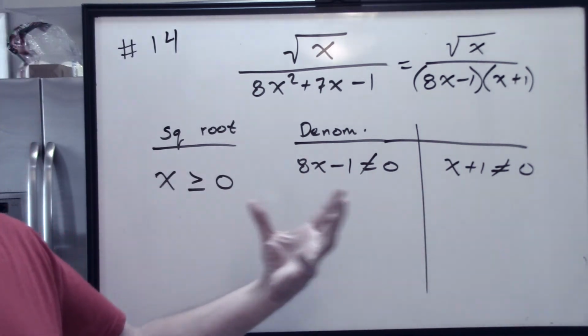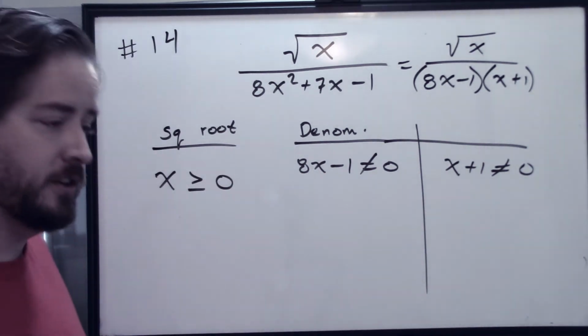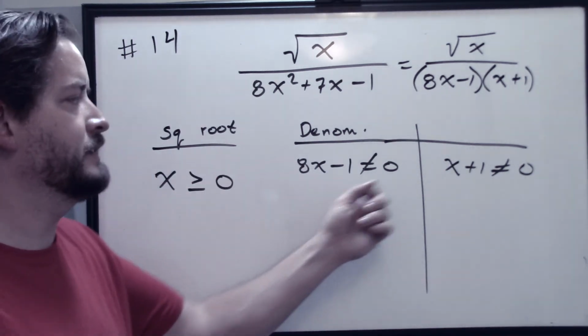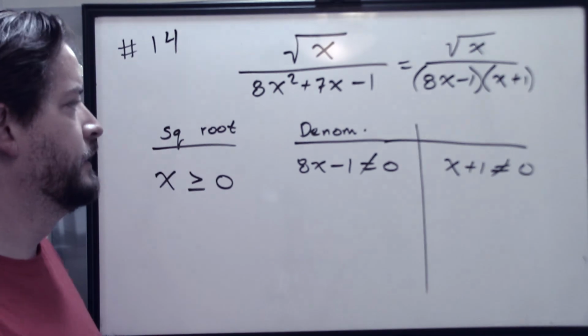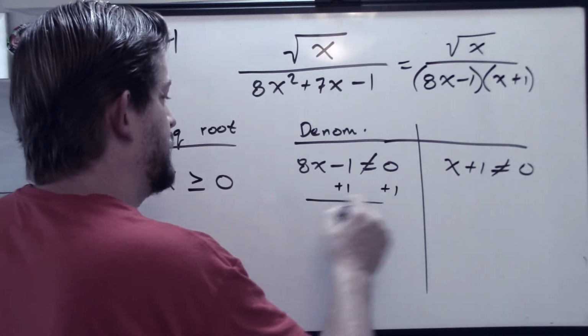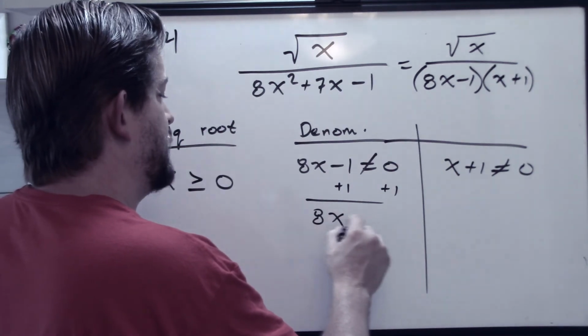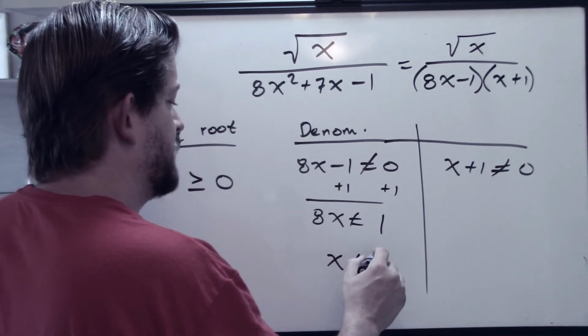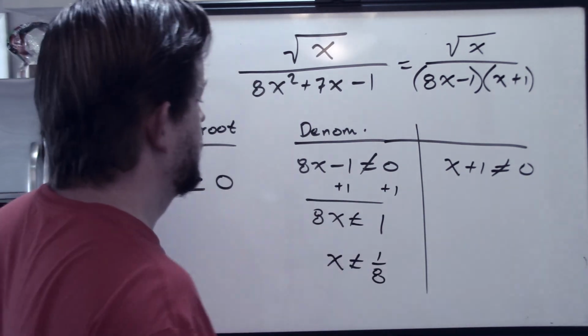Right? I have to satisfy all three of these. These are ands. Whenever you have domain issues, they are and issues where I have to satisfy this and this and this. Right? So on this first one, if I add 1 to both sides, that gives me 8x can't be equal to 1, and if I divide by 8, then I have x can't be 1/8, right?